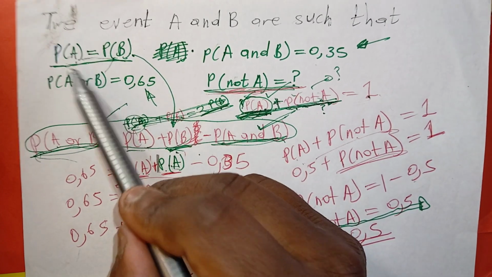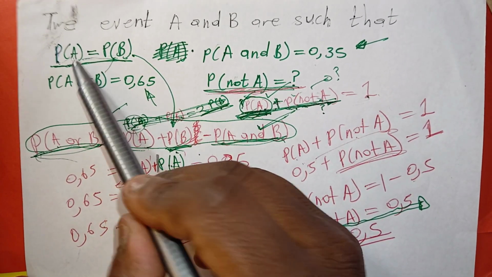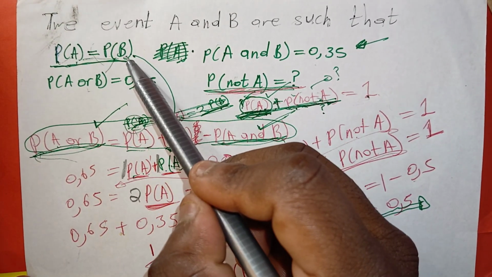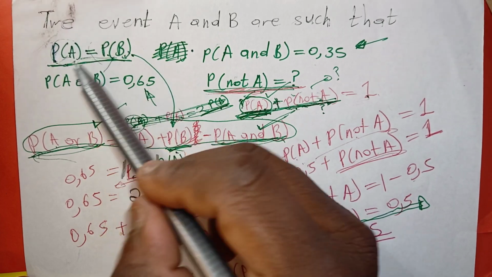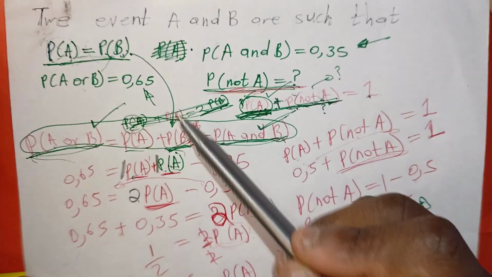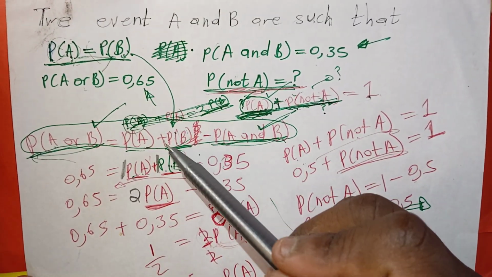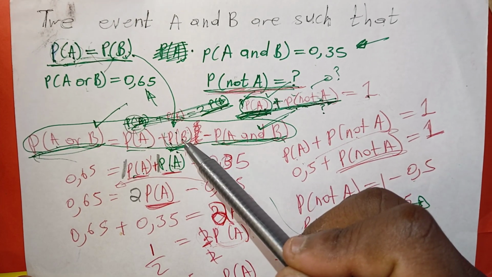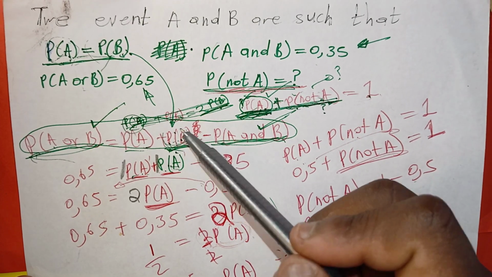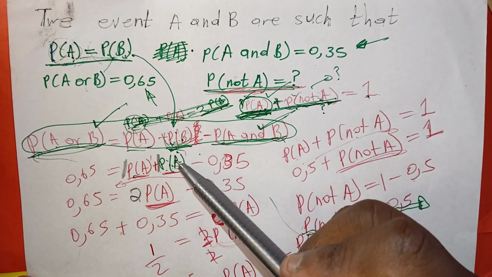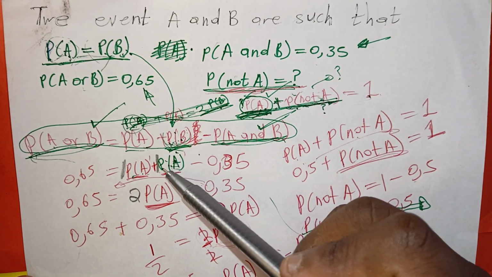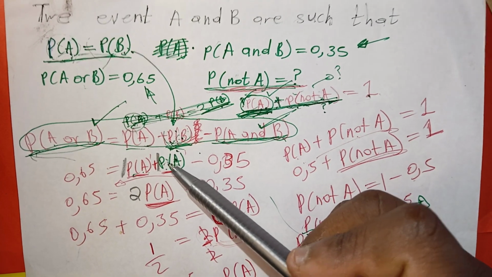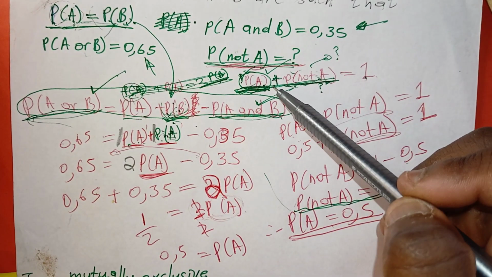This equation says that where there is P(A), I can substitute P(B), and where there is P(B), I can substitute P(A). So here what I did, I just eliminated P(B), meaning I replaced it by P(A). The reason why I replaced it by P(A) is because P(A) is the one that I need, guys.